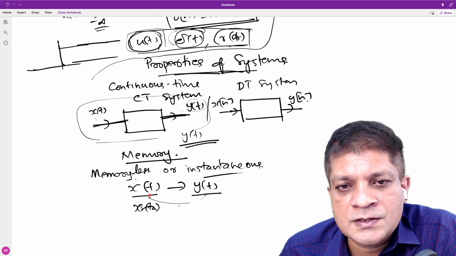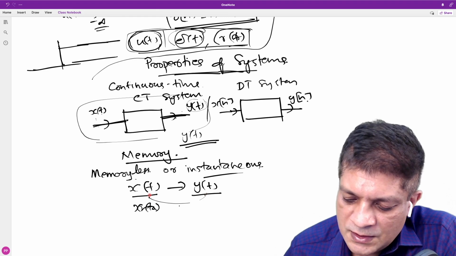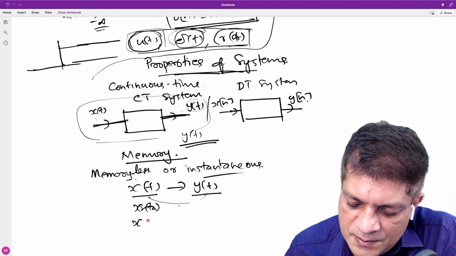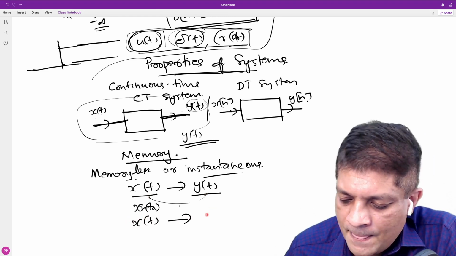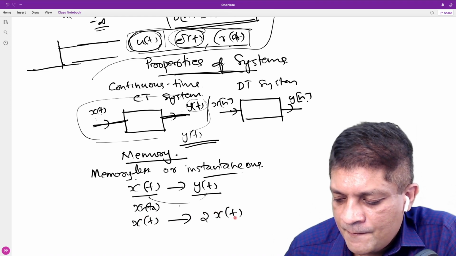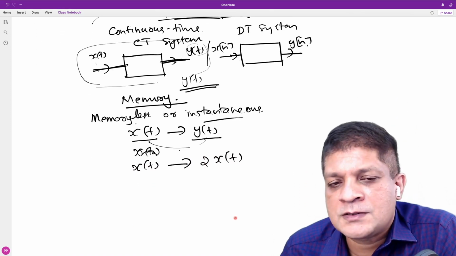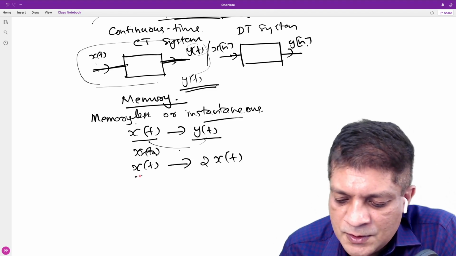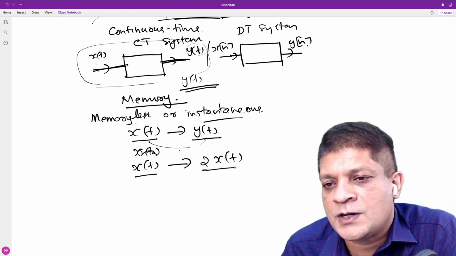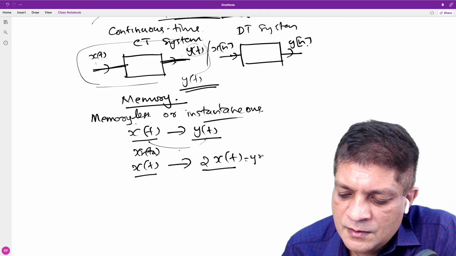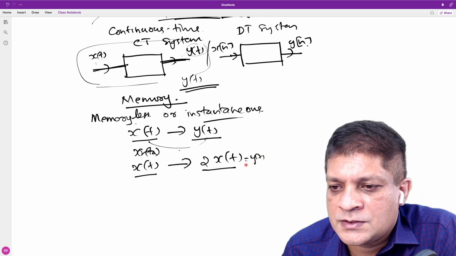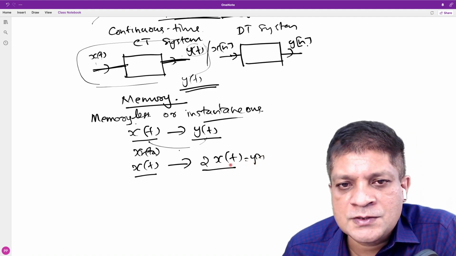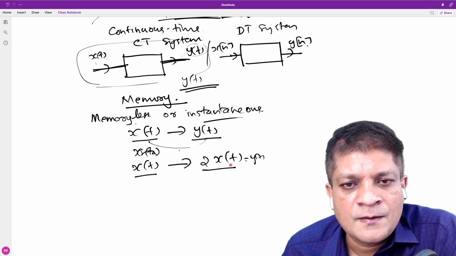Let us consider an example. A simple example is an amplifier. The input is x(t) and the output is 2x(t). So it is an amplifier.